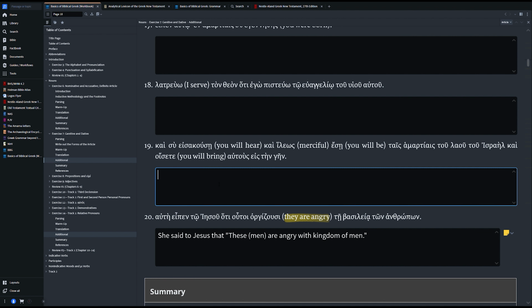All right, let's go word by word here. So que is the easy one. It's a conjunction, and. It's nothing to parse there. It's indeclinable. Si is you. We don't know what isakusi is. We haven't learned that yet, but it tells us in parentheses, will hear.